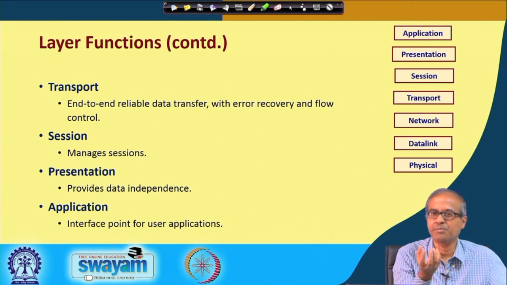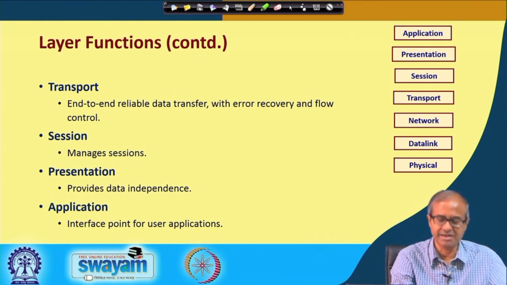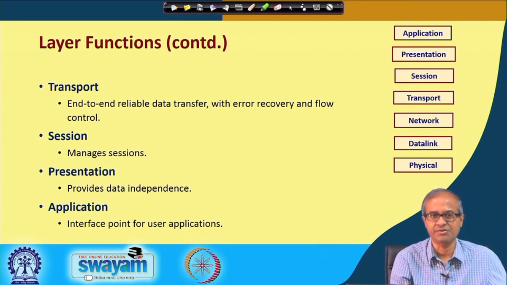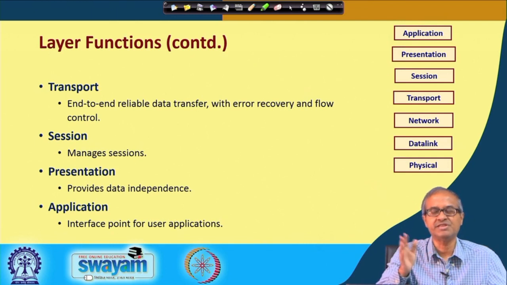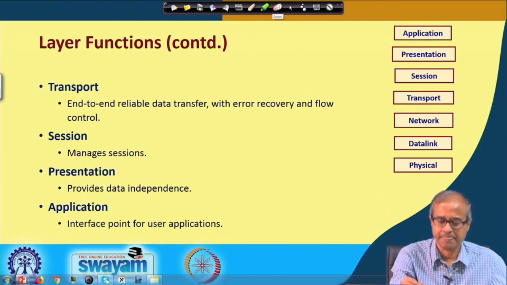Like I want my data transmission to be secure, I can encrypt my data before I actually send it. That will be done in the presentation layer. And application layer is almost any application you can think of, some application which wants to use the network for data transmission, right.